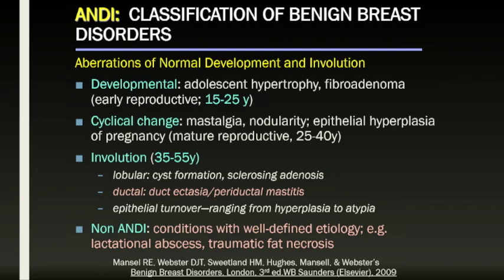So the early developmental stages, the teen years through 25, where you find fibroadenomas and at pubescence sometimes, adolescent hypertrophy, which can be unilateral.